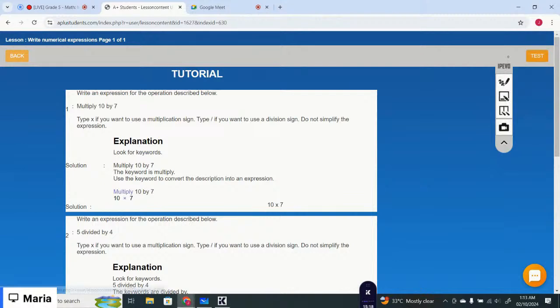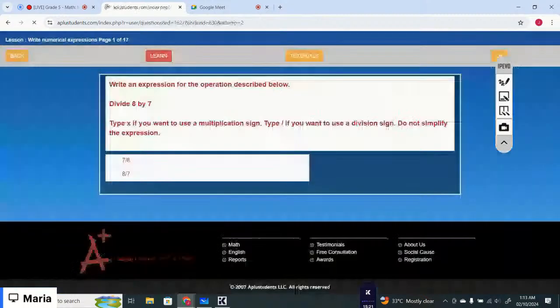Let's just start with the test questions. Write an expression for the operation described below. Divide 8 by 7. So which is the correct option? How do we divide?